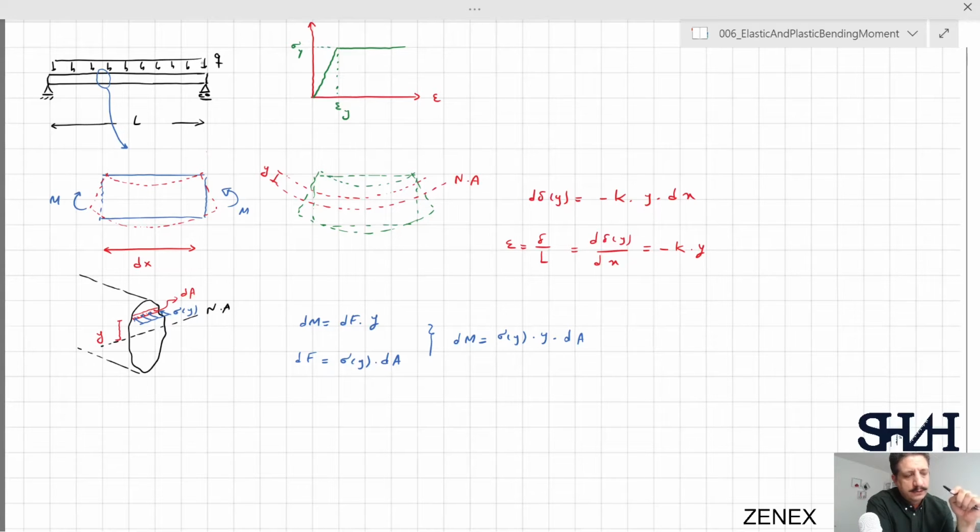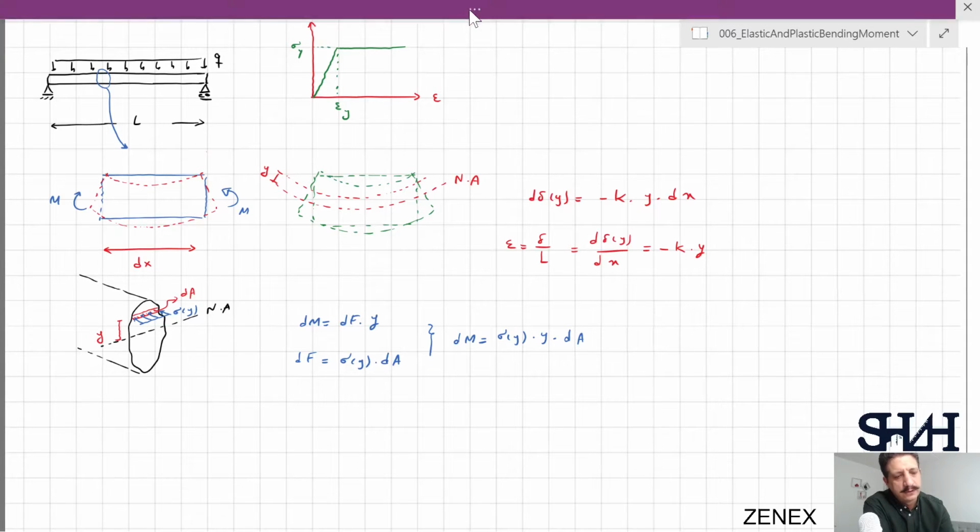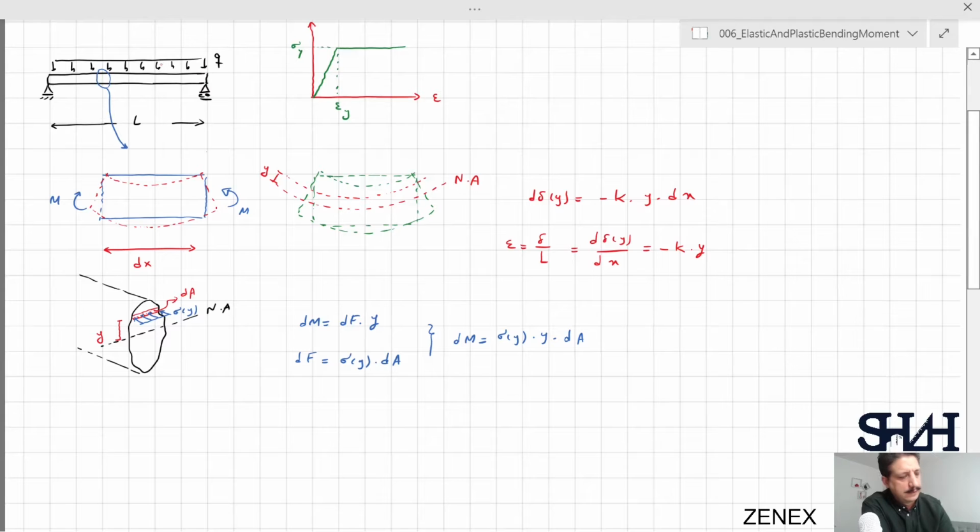Now, if we come back to the former video 005 about the introduction to plastic bending moment capacity, we remember that sigma can be written as E epsilon if we are in the elastic phase. If we are not in the elastic phase, then this equation is not valid.